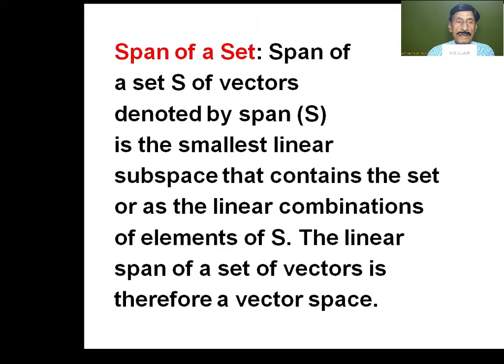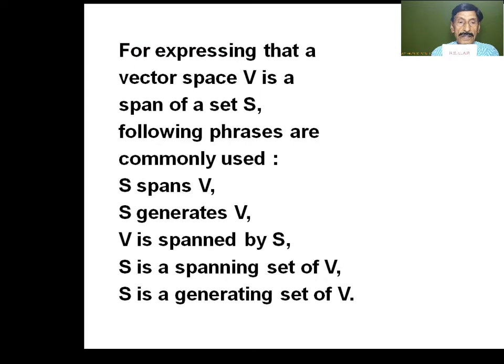Span of a set. The span of a set S of vectors, denoted by span(S), is the smallest linear subspace that contains the set, or the set of linear combinations of elements of S. The linear span of a set of vectors is therefore a vector space.